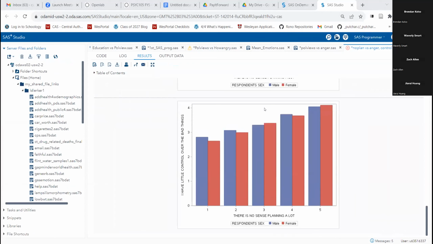It looks like there's a linear relationship between no sense of planning and little control. So the more you think you don't have control, the more you feel there's no sense of planning, right? Yeah, let me just check the code book. Okay. And that's also true for males and females, which is interesting. It doesn't look like there's a different relationship.